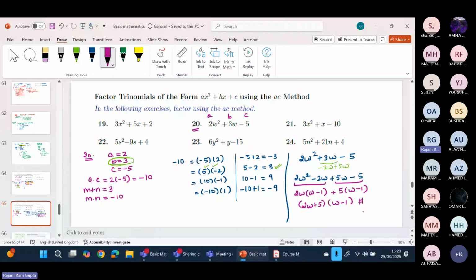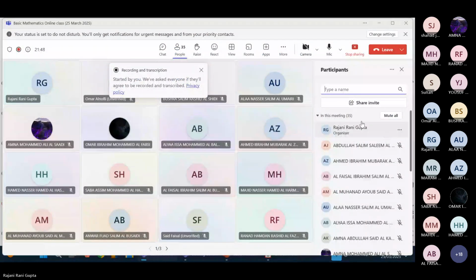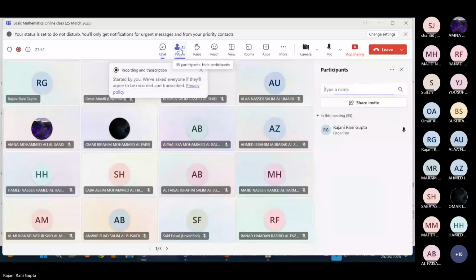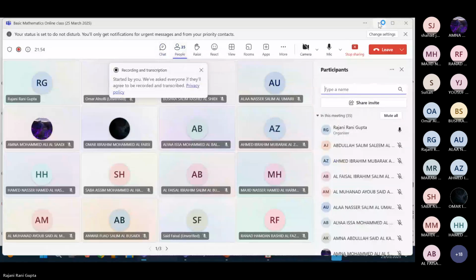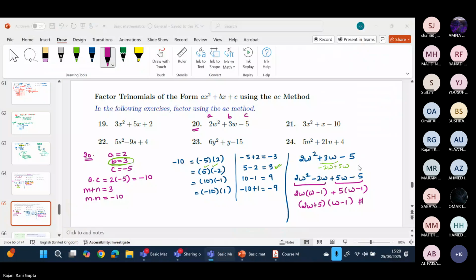This is your answer. Okay, so this is how you work using the AC method.